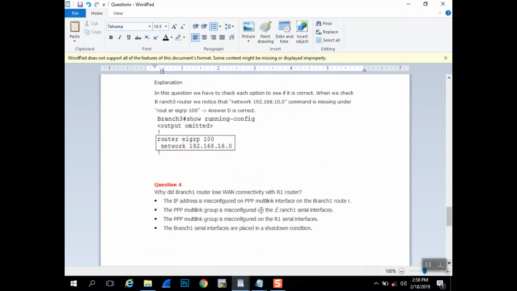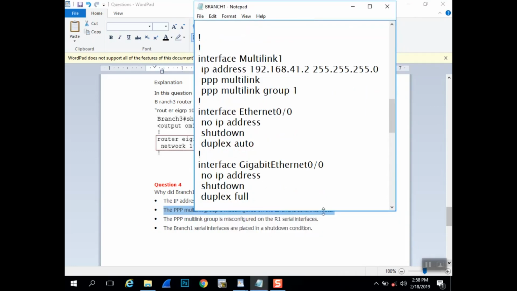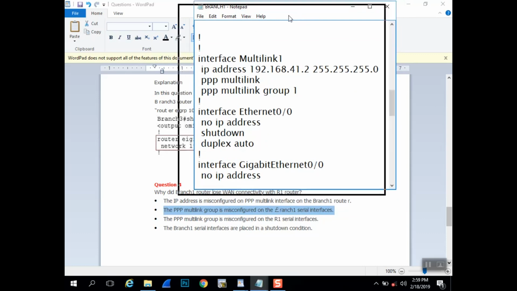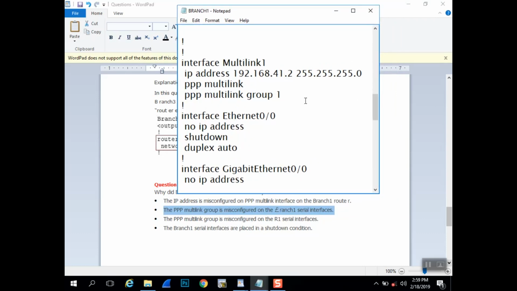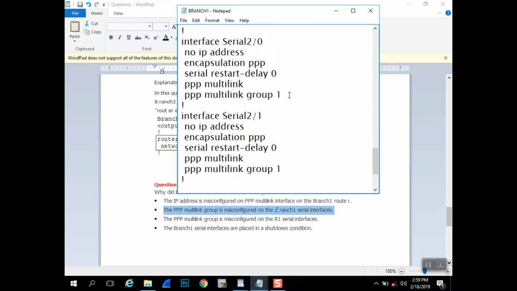Next, the PPP multilink group is misconfigured on branch 1 serial interfaces. So let's see in branch 1. Okay, then there you go, multilink. Then as you can see, it is on the serial interfaces.